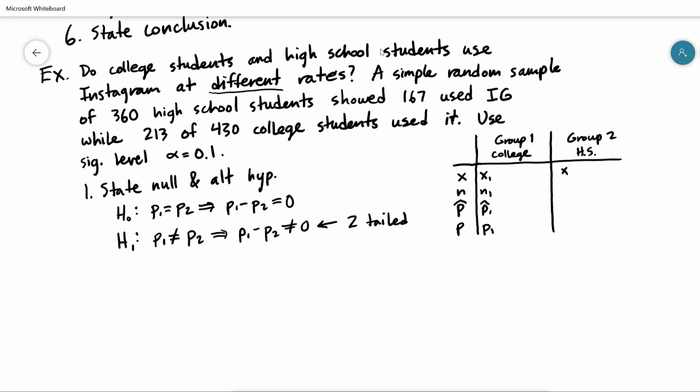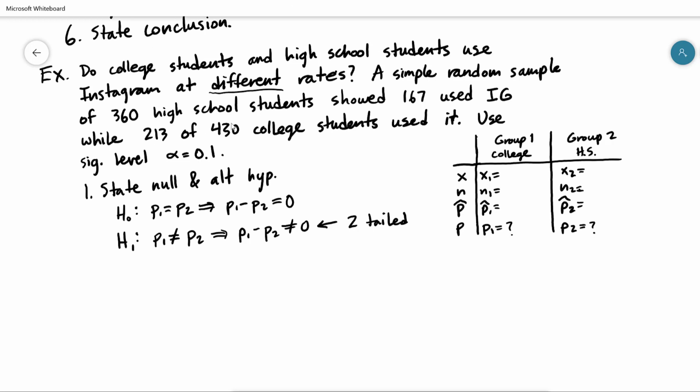So let me just fill these all in, and we can figure out the values that we're going to use for each one. Okay. So P1 and P2, these are the things that I'm never going to actually know. These are what we're trying to draw conclusions about, these values down at the bottom.